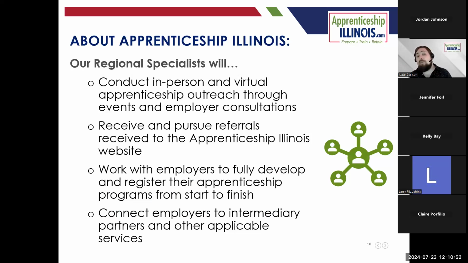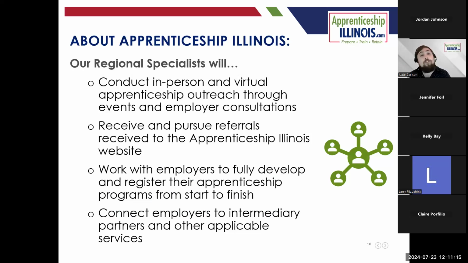So our regional specialists conduct in-person and virtual apprenticeship outreach events and consultations. They receive and pursue referrals received to our website and from partners. They work with employers to fully develop and register their apprenticeship programs from start to finish. So from interest through registration, it is a one-stop concierge service for developing an apprenticeship program.